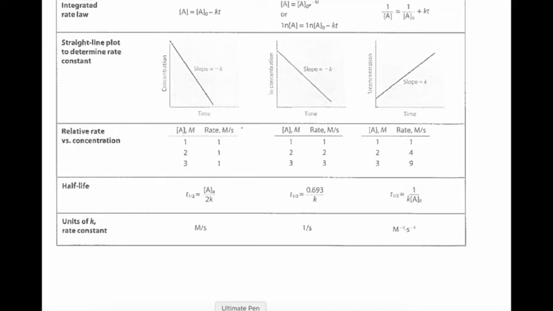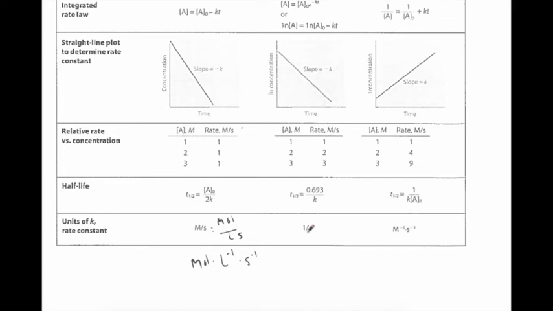It would probably be good for you to understand different ways of writing this. You guys know concentration is moles per liter, so we could also write this as moles per liter seconds, or we could write it as moles times liters to the negative 1 times seconds to the negative 1. What's another mathematical way of writing this?